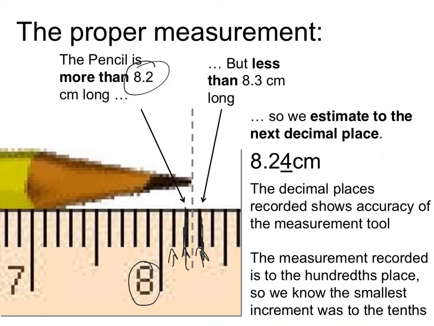And then the 0.04, a lot of students freak out and are like, oh no, what if I said 8.26 instead? Well, the last digit is just an estimate, so it doesn't have to be perfect. But if you look at the gray line here, it does look like it's closer to the 8.2 line than to the 8.3. So we're going to guess somewhere around 8.24 centimeters. So your last number is always an estimate.